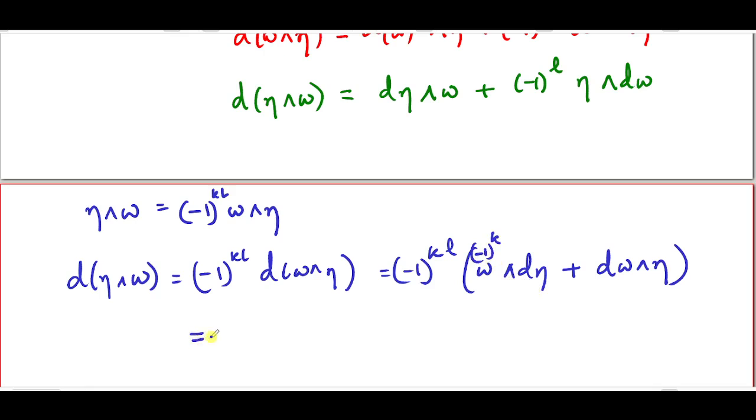And now let's try to rewrite these two terms exactly in this form. Of course, here you want the eta to come in front. So we have minus 1 to the kl.